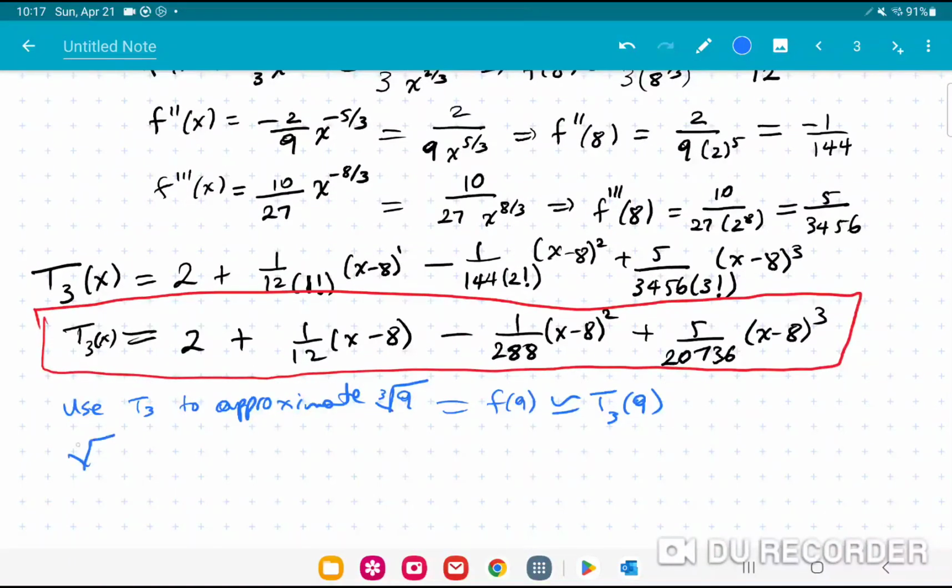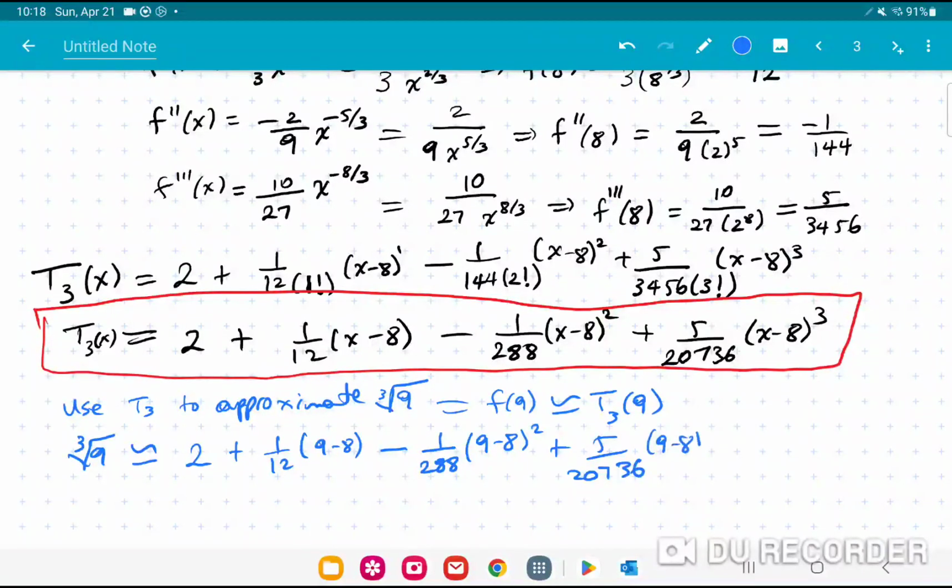So cube root of 9 is approximately equal to 2 plus 1 over 12 times 9 minus 8, 1 over 288 times 9 minus 8 squared, plus 5 over 20,736, 9 minus 8 cubed.